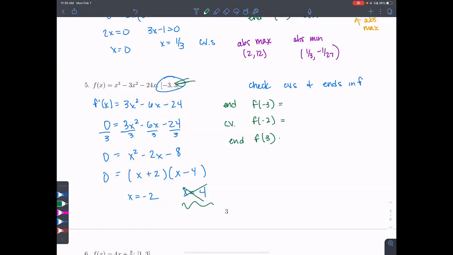All right. So when we plug negative 3 into the original function, you have negative 3 cubed minus 3 times negative 3 squared minus 24 times negative 3. This is 18. When you plug in negative 2, you get 28. When you plug in 3, you get negative 72.